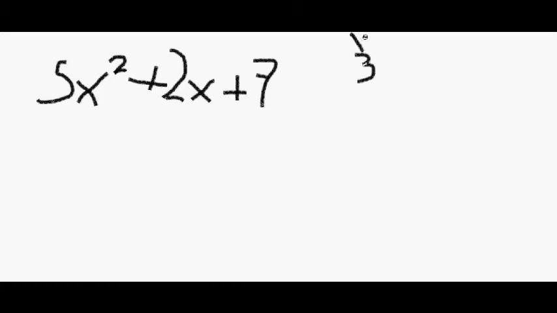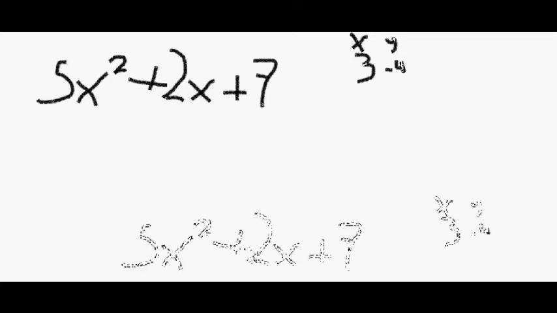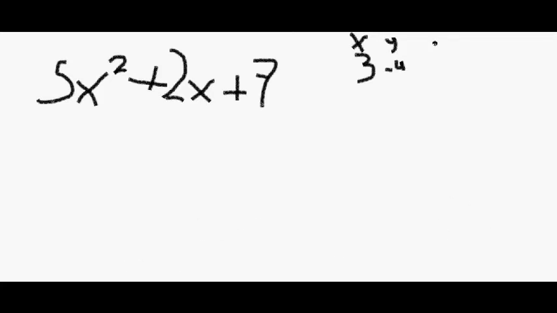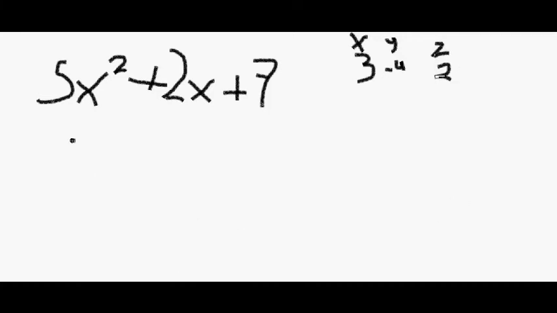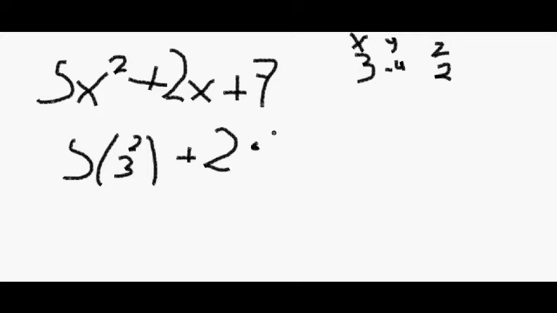And it's giving us x as 3, y is negative 4, and z is 2. There's no z in this problem, but that's alright. So we have 5 times x, which is 3 in this place, to the second power, plus 2 times 3 for this case. There's no y, plus 7.